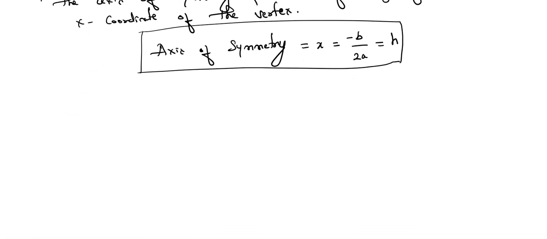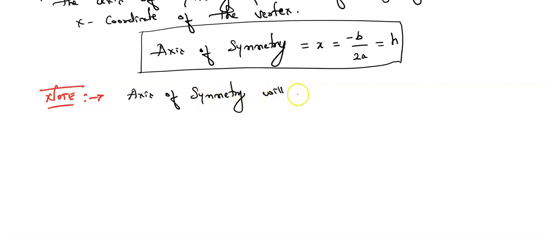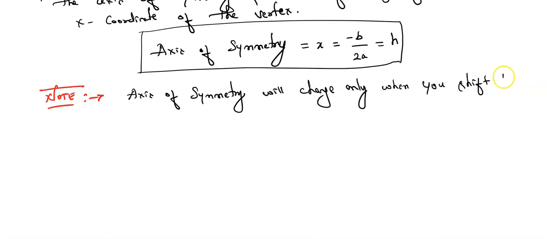One important note in this case, you should know about this point. The axis of symmetry will change only when you shift the graph towards left or right.